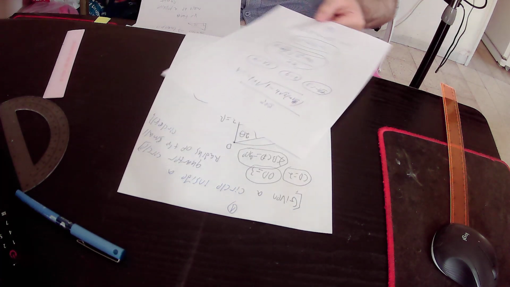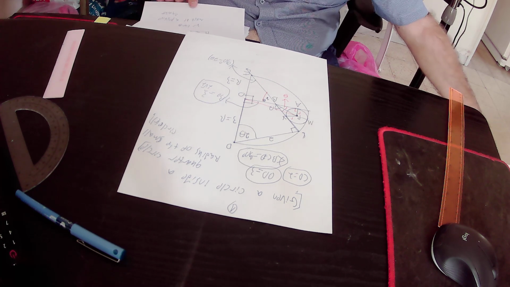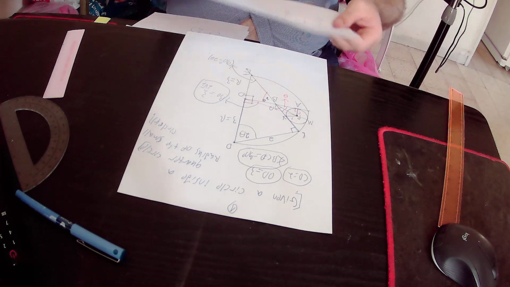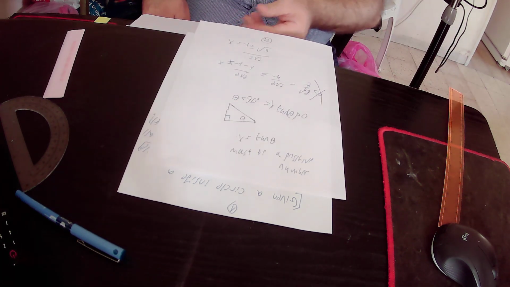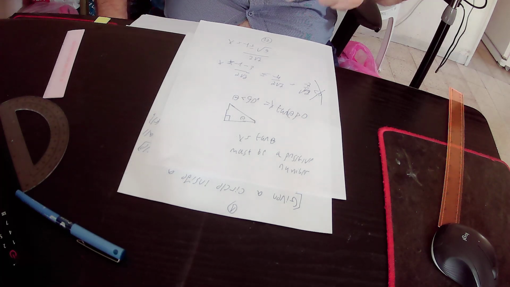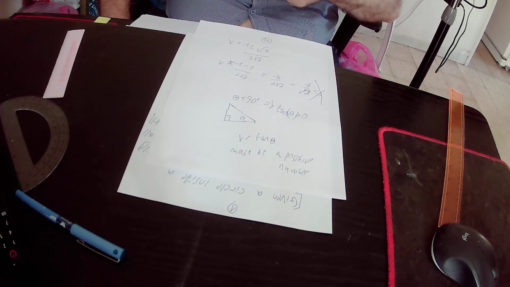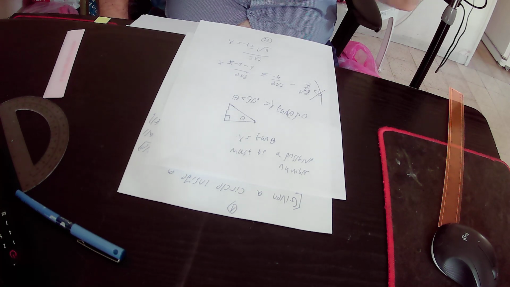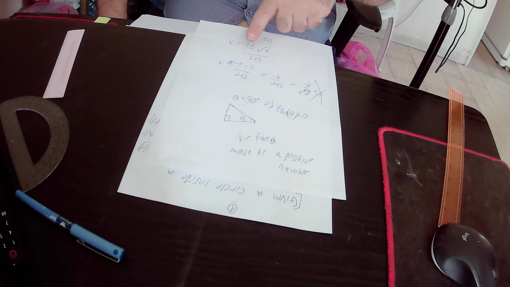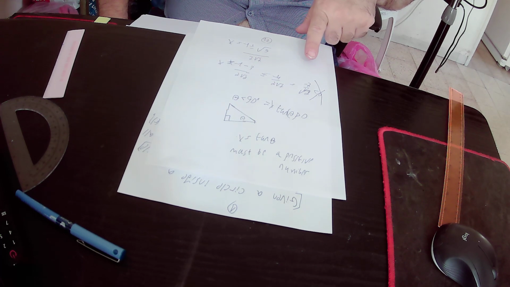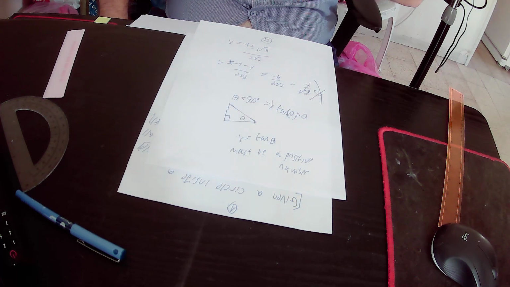x can be equal either to a negative number, but x equals tangent theta, and because theta itself is less than 90 degrees, tangent theta must be a positive number. And if we got a negative for x, it is impossible, because x that equals tangent theta must be a positive number.